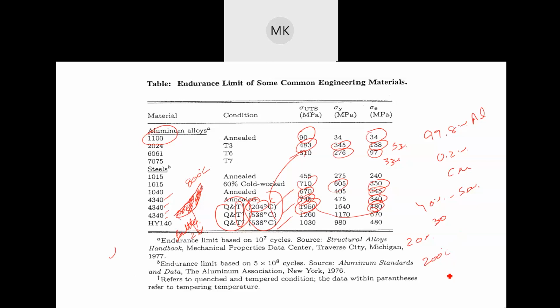So when you fatigue a material like that, till about a particular point, the material will just fail at 10,000 cycles or 12,000 cycles and so on. And at one point, suddenly, the material survives 10 million cycles.